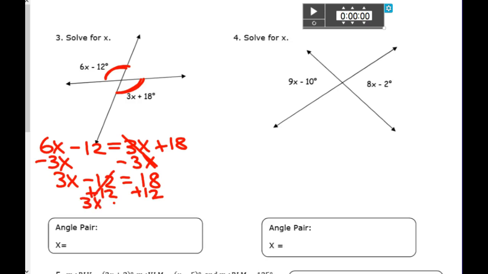Bring down 3x, equal sign, and you said 30? Okay, 18 plus 12 gave us 30, and then last step to get rid of that 3. Divide by 3. Okay, what is 30 divided by 3? 10. So we said these are vertical angles right here.